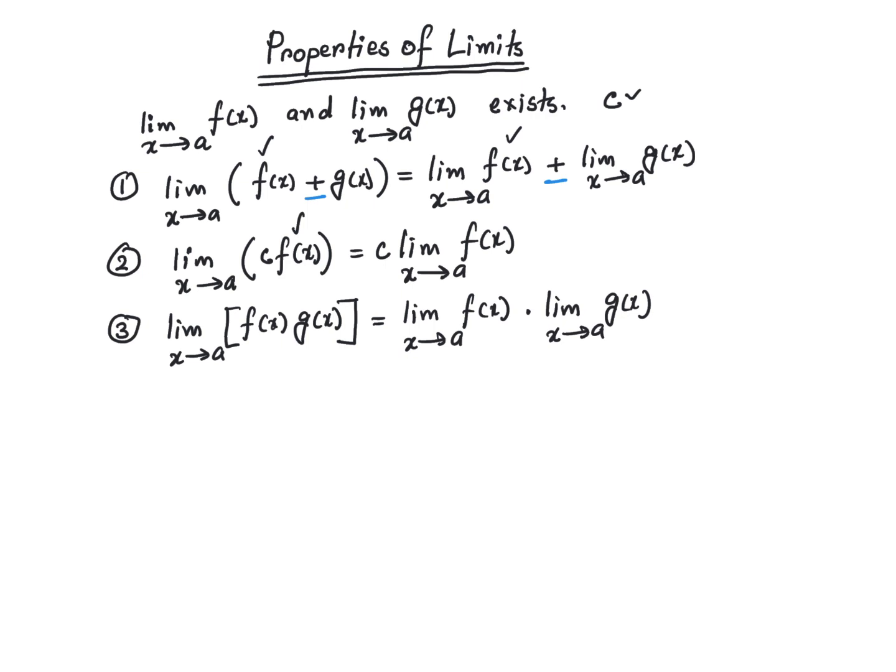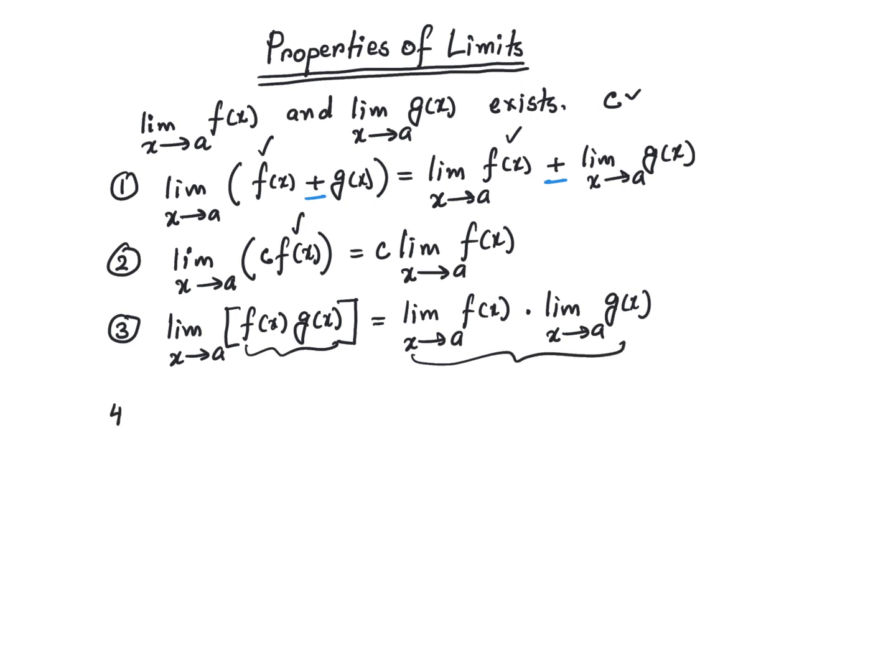So this rule says that the limit of the product of two functions is the same as the product of the individual limits of these functions. If you translate it into ordinary English, this is what it means: the limit of the products is the product of the limits, right here.